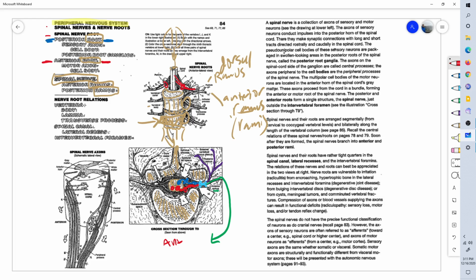The spinal nerve I've outlined in light blue. The anterior ramus I have outlined in green. And the posterior ramus I have outlined in purple.